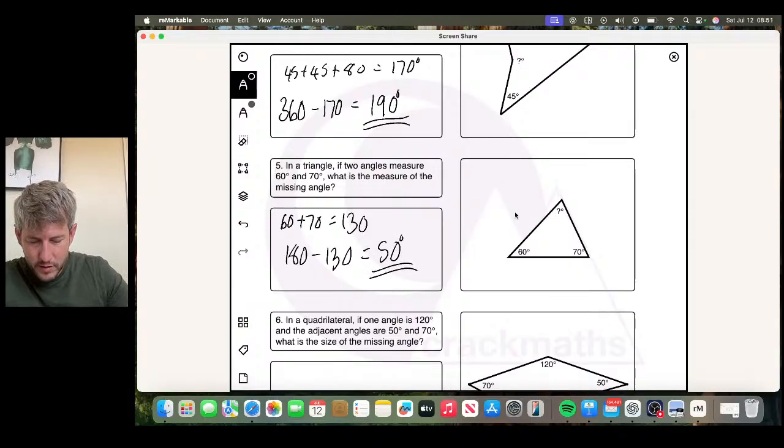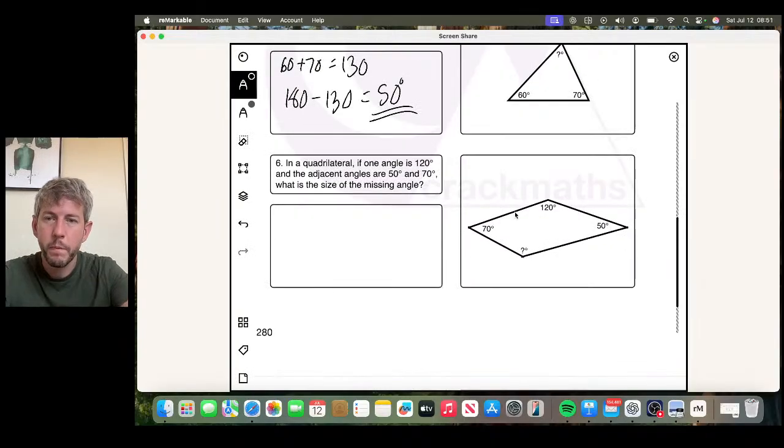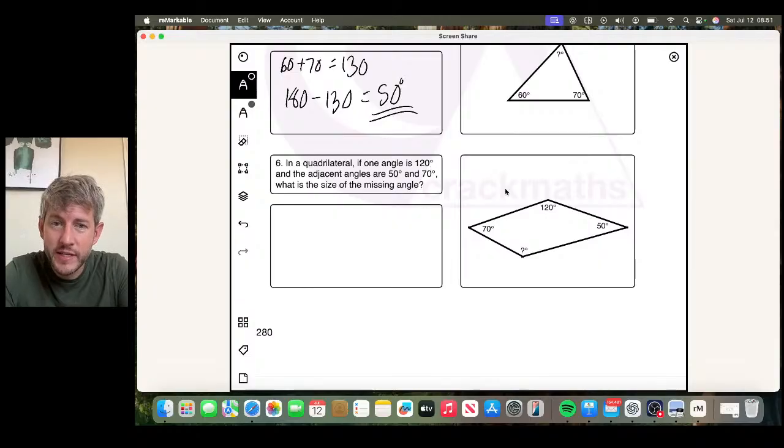Question 6. In a quadrilateral, if one angle is 120 degrees and the 2 adjacent angles are 50 degrees and 70 degrees. Adjacent just means next to, so these are the 2 angles next to it. It doesn't really matter, but what is the size of the missing angle?